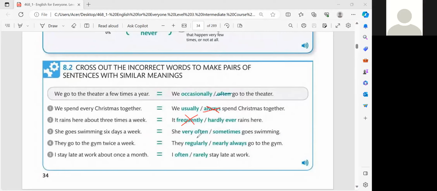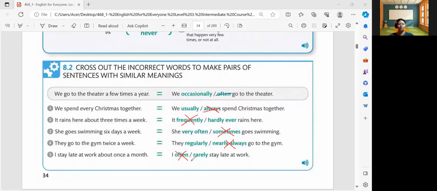She very often goes swimming. All right. Number four. They go to the gym twice a week. They regularly go to the gym. Okay. How about number five? I stay late at work about once a month. I rarely stay late. All right.